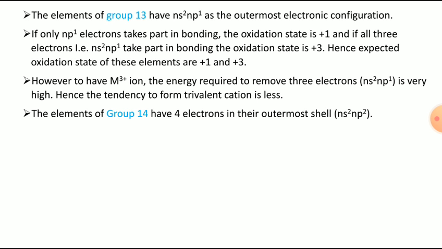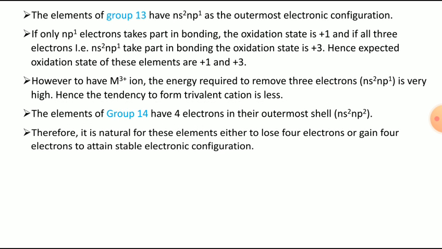The elements of group number 14, that is carbon family elements: carbon, silicon, germanium, tin and lead. Okay, these are the elements which are coming under group number 14. Therefore, it is not easy for these elements either to lose 4 electrons or gain 4 electrons to attain stable electronic configuration.